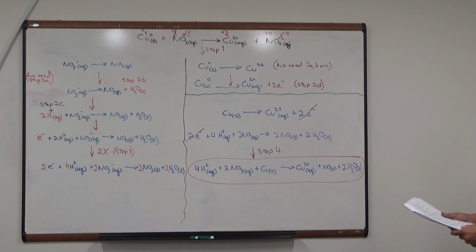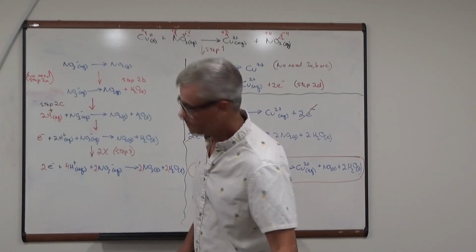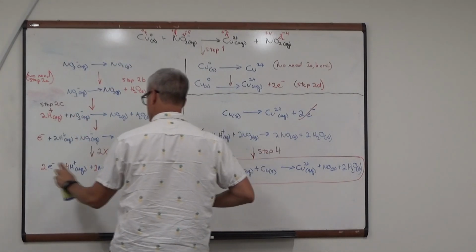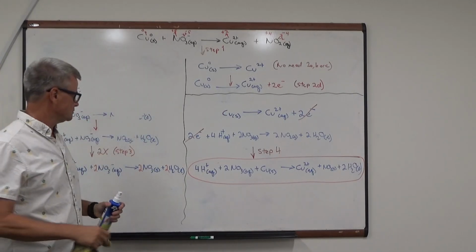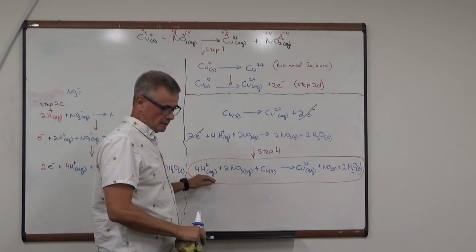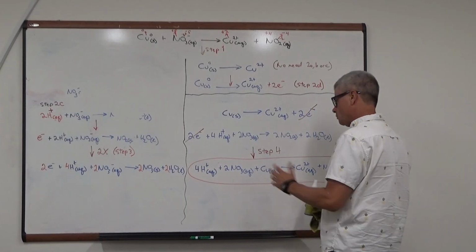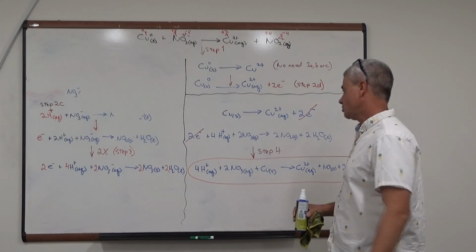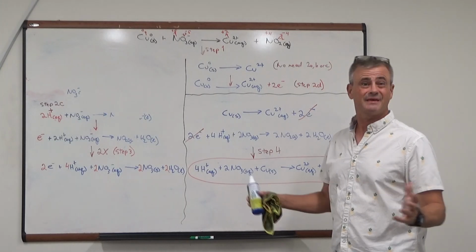Okay. All right, so now we're going to do balancing in basic solutions. All we're going to do in the basic situations is get to this point, and then we know that having H plus, having a strong acid like that around in a basic environment doesn't make any sense.